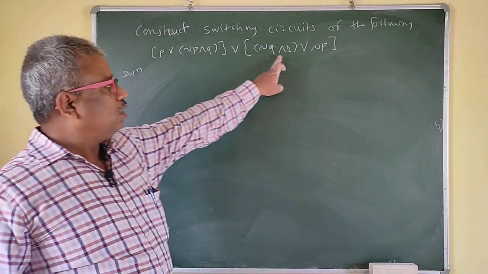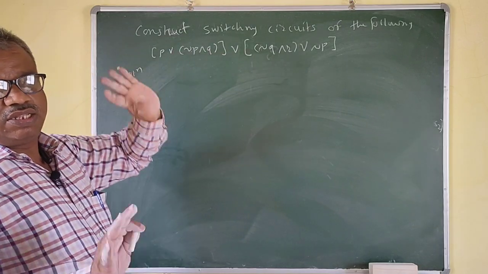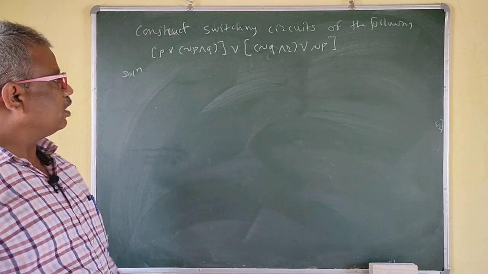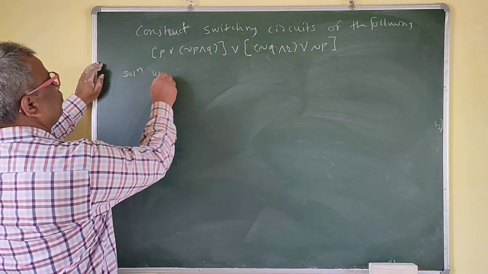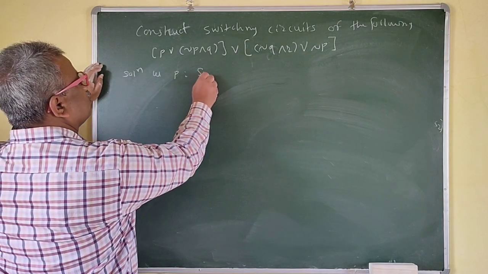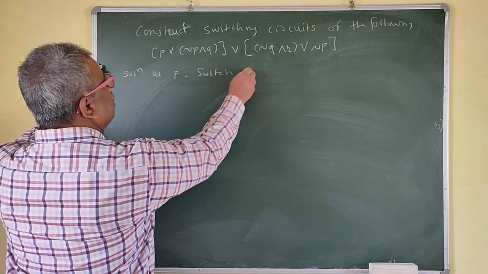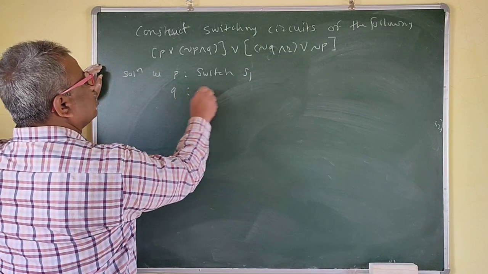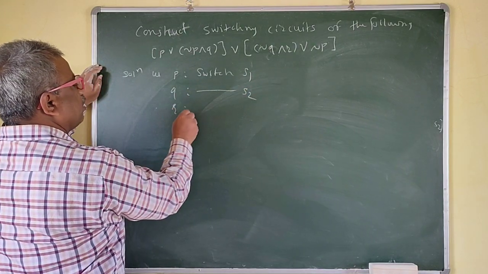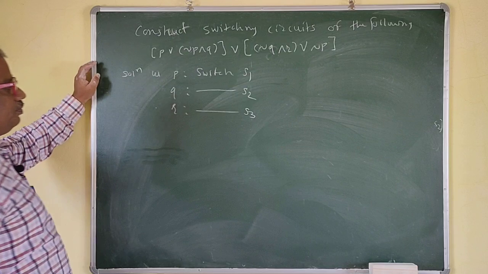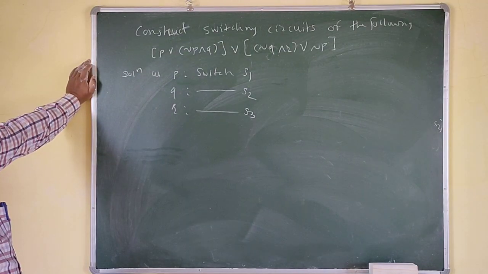This is the symbolic representation you have been given. You have to draw the circuit now. Let P be switch S1, Q be switch S2 and R be switch S3. Okay, so we draw now.